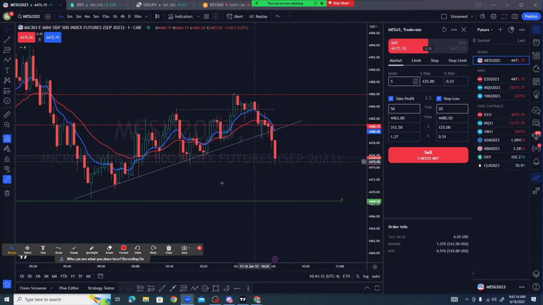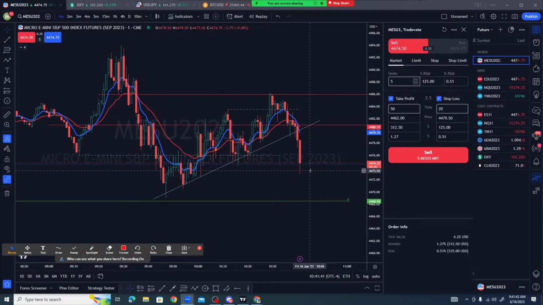I always want to take it on the pullback, because I used to be a breakout trader, and I took a lot of losses in breakouts, where I would take it at the close of that candle, and then the price would just come back into the moving average before continuing down. Here, obviously, there was a good continuation, but this is a pretty good move beyond the moving averages, so that short idea is probably not going to come to fruition.